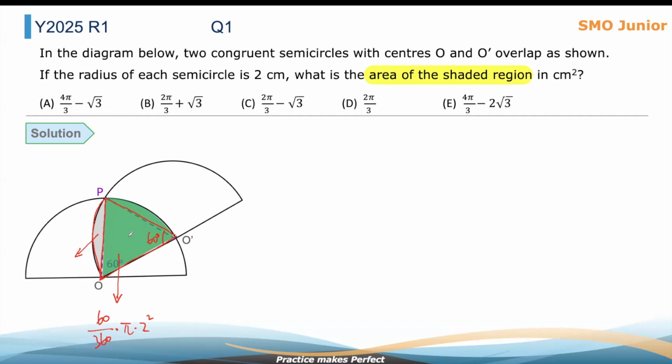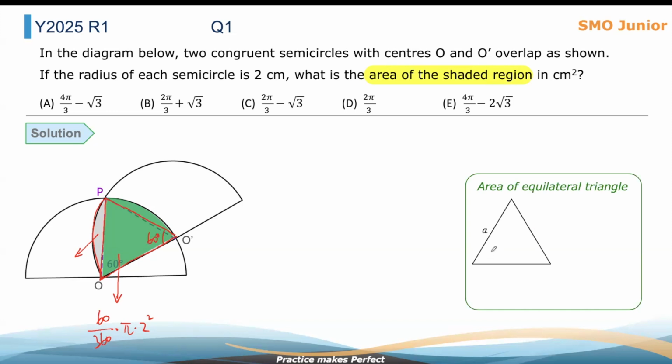But how to find the area of the equilateral triangle? If one side of the equilateral triangle is A, we draw the height of the equilateral triangle. This side is A over 2.